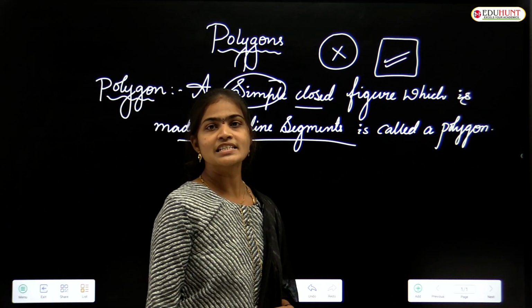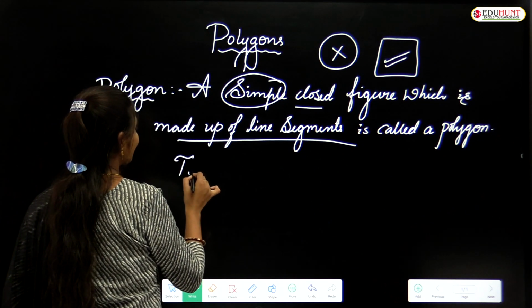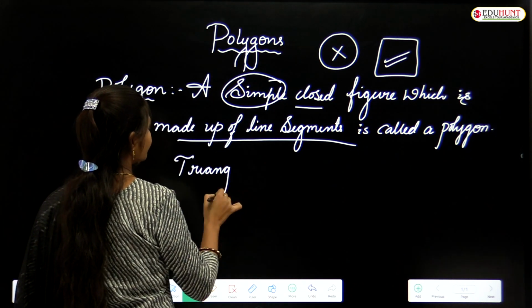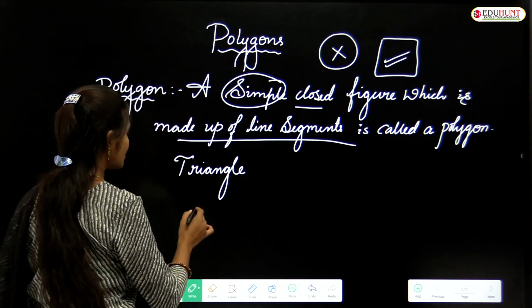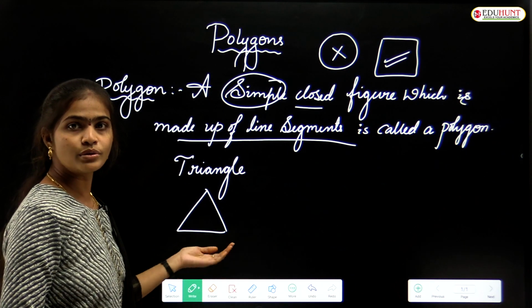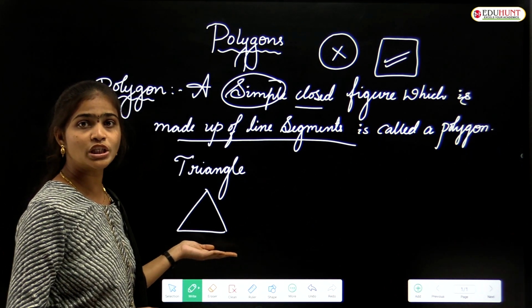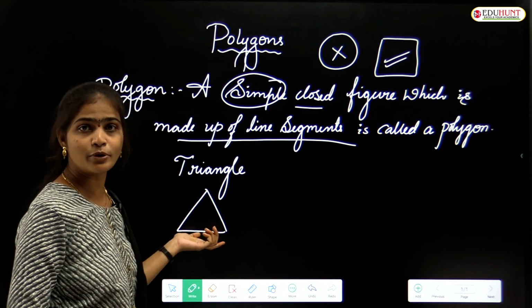So which figures can we consider as polygons? We can say a triangle. A triangle is made up of line segments only, no? So what is the shape of the triangle? This is the shape of a triangle, right? The figure is made up of line segments. So shall we call this one a polygon? Yes, obviously this is one example of a polygon.